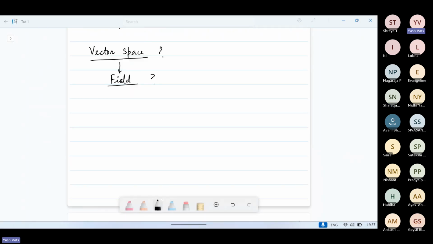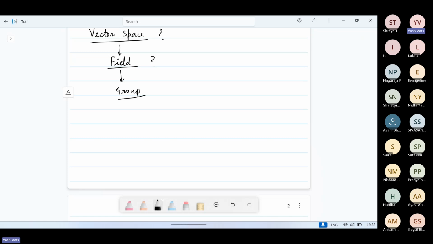So the vector space definition is dependent on the field and the field is dependent on the group definition. So first of all, I need to define what is a group. Then I go to field, then I go to vector space. So what is a group? So I just define that. And for the group, I need to define the binary operation. Okay.